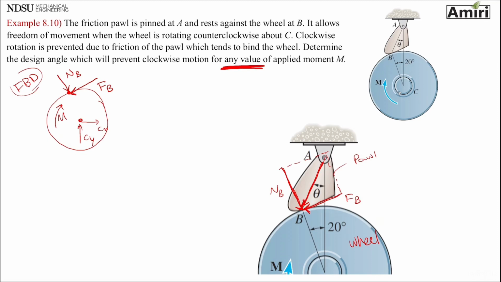Okay. The angle between NB and vertical line is 20 right here, and this angle is theta, so therefore this angle is theta. So this entire angle is 20 plus theta. So I'm going to draw it here one more time.